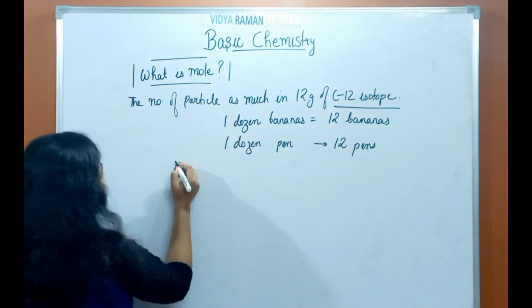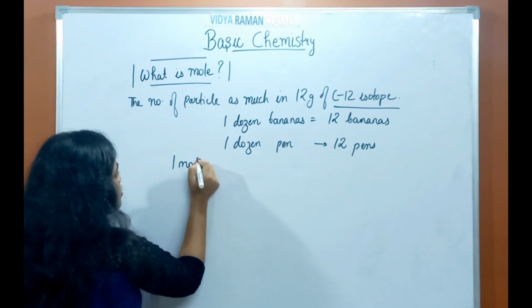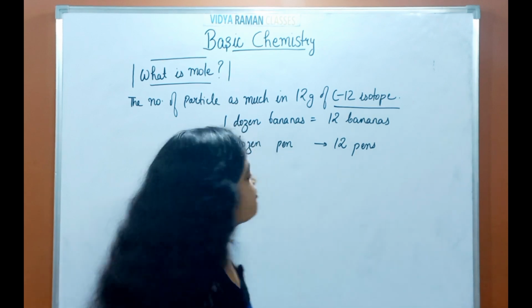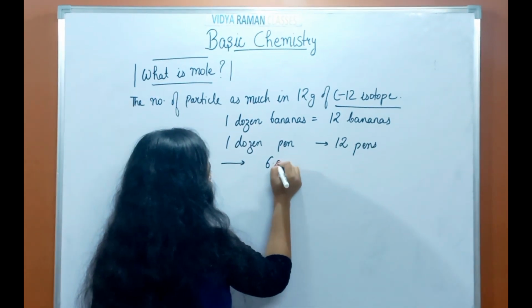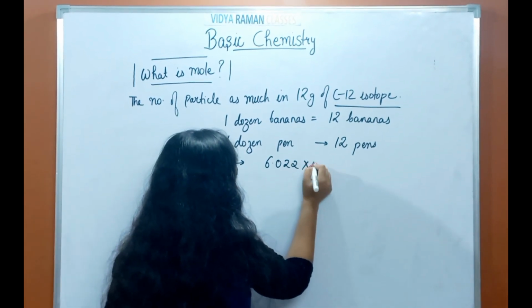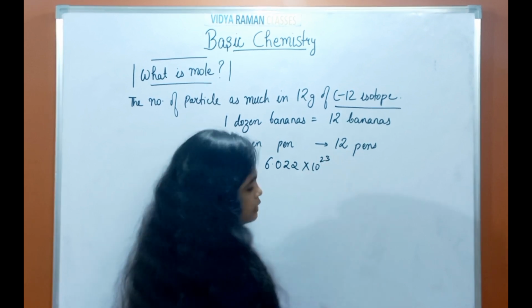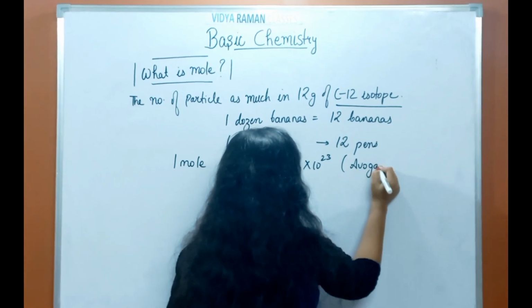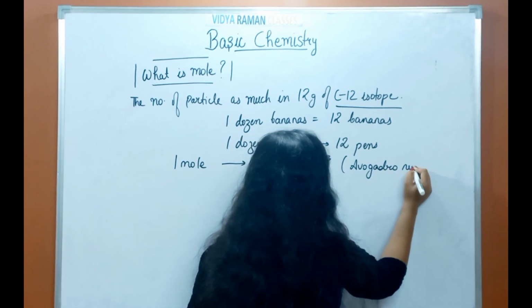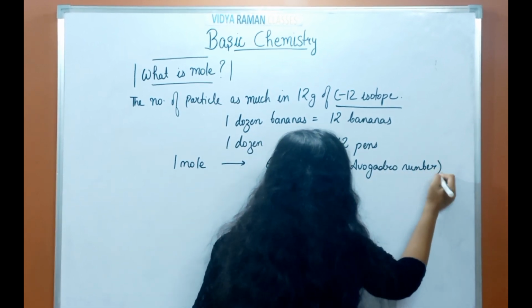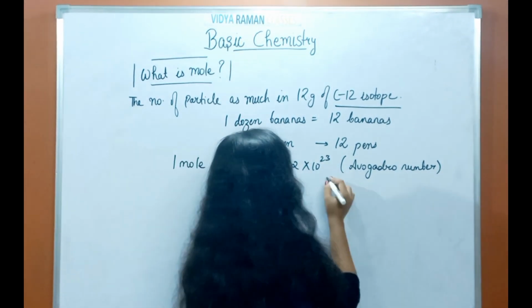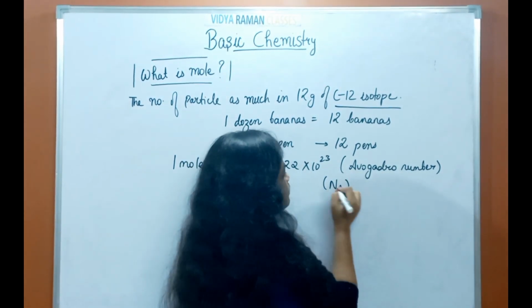Similarly, whenever I say it is 1 mole, 1 mole simply refers to a number that is 6.022 into 10 to the power 23, and that is called the Avogadro number. This number is denoted by Na.